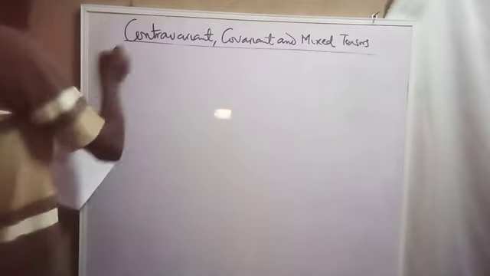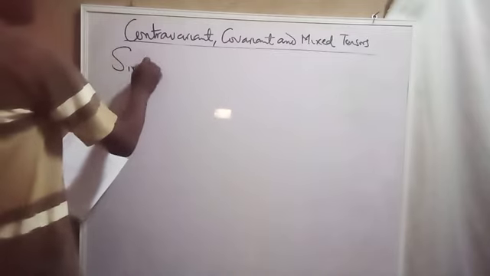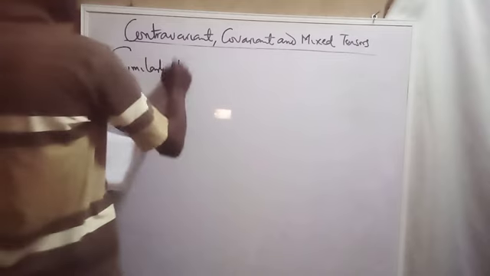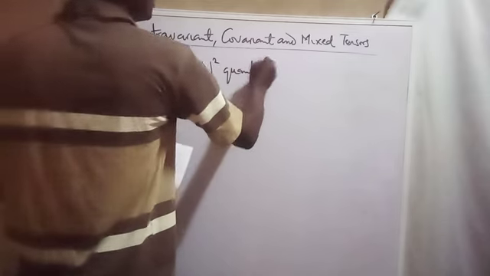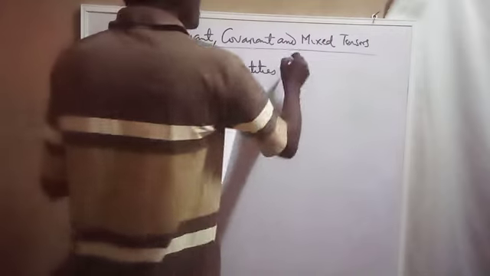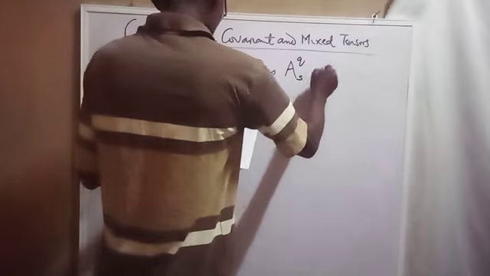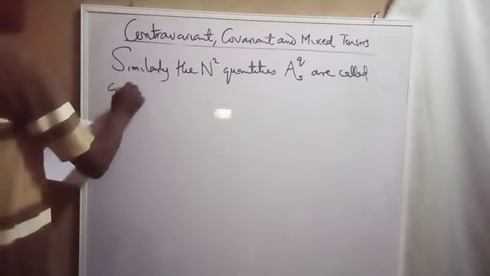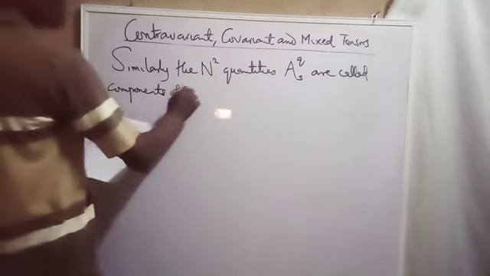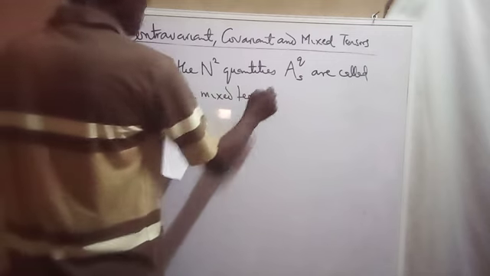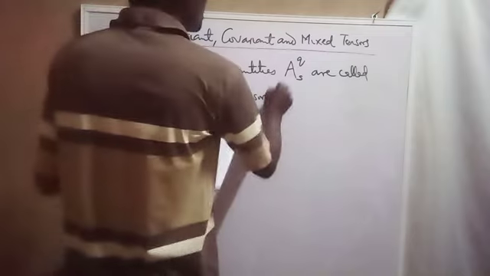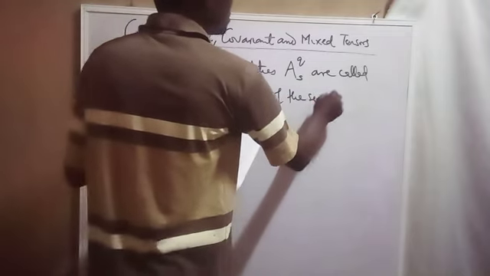Now, similarly, the N2 quantities, we are using two ranks. A, Q, S are called components of a mixed tensor of the second rank.